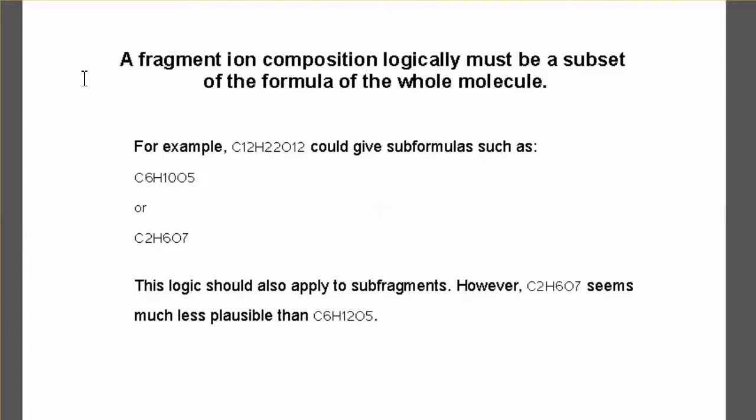In other words, this would be a very logical subgroup of sucrose. But C2H6O7, it's also a subset of this formula. But what's the chance of having 2 carbons and 7 oxygens?